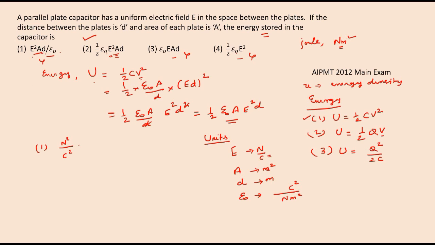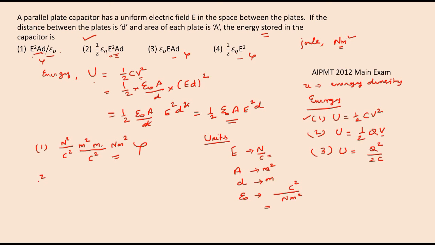AD is meter square into meter, by epsilon naught, whose unit I have given here, coulomb square by Newton meter square. There is no chance that it will turn out to be Newton meter. You can't get Newton meter. So option 1 is not correct.